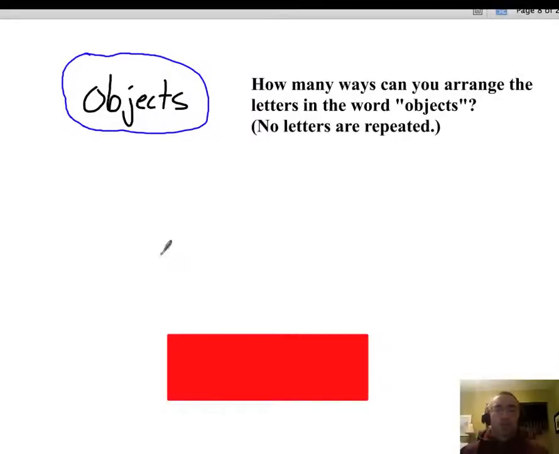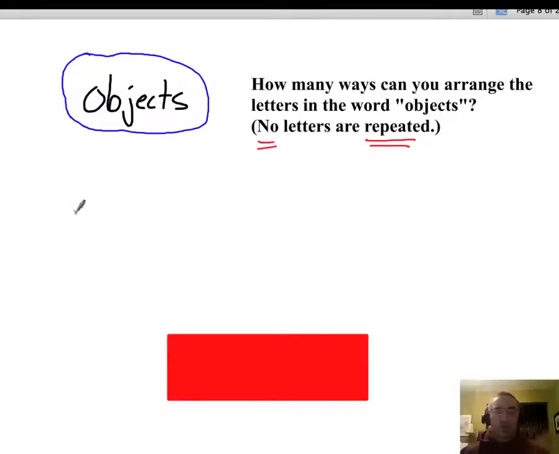Next, let's say we're arranging letters. So here we have the word objects. Get it? And we want to arrange the letters in the word objects. Now, it is important to note that there are no repeats of the letters.